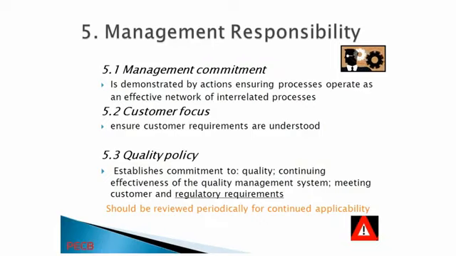And 5.3 is the quality policy. Establish commitment to quality, continuing effectiveness of the quality management system, meeting customer and regulatory requirements. So if we conclude this slide, it starts with the management commitment, the customer focus and the quality policy.